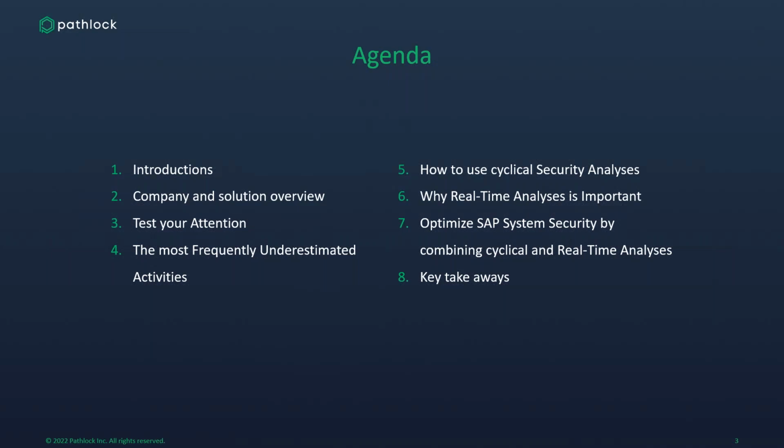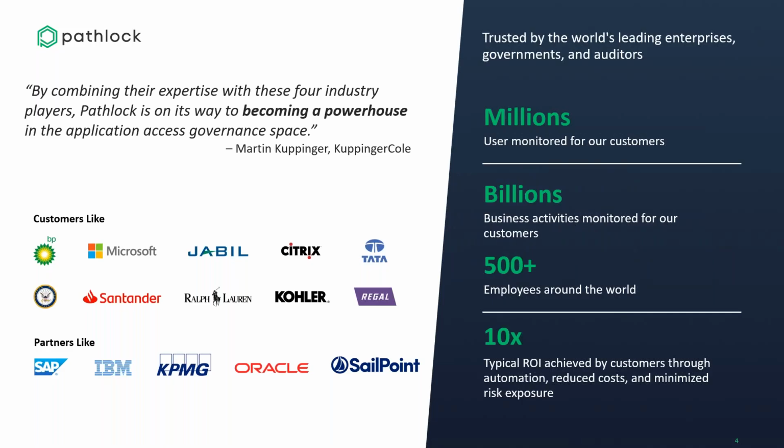Why is this combination so essential? And at the end, I will give some overview of how to optimize your vulnerability assessment landscape and procedures, and give you some key takeaways so that you can optimize your systems.